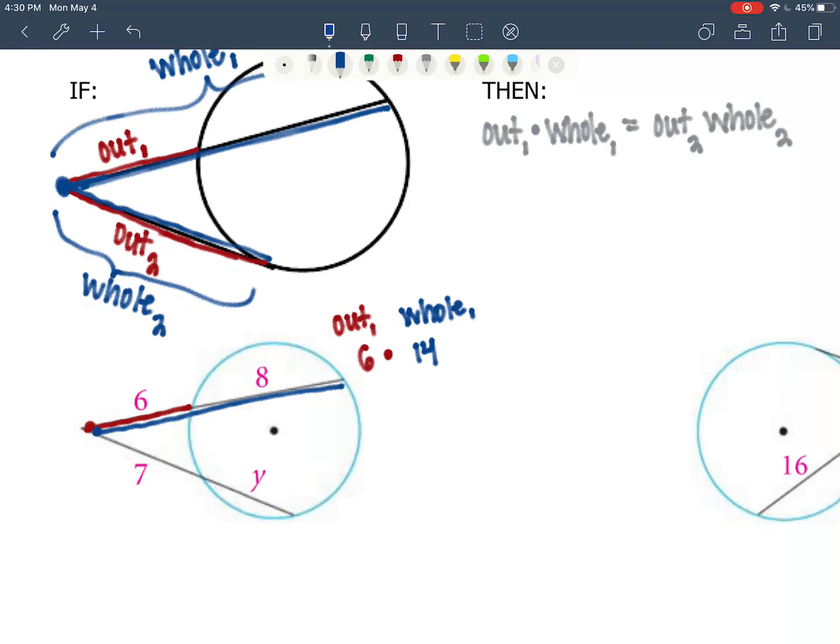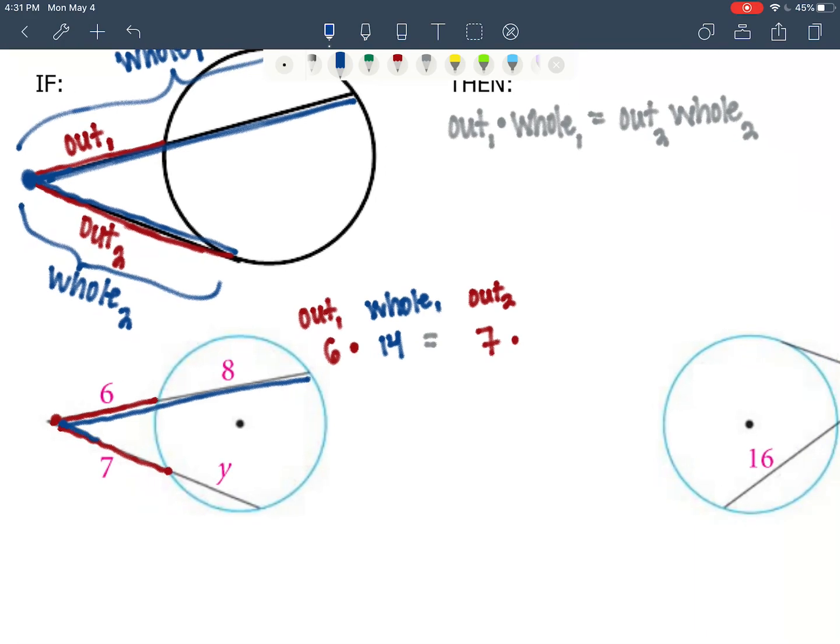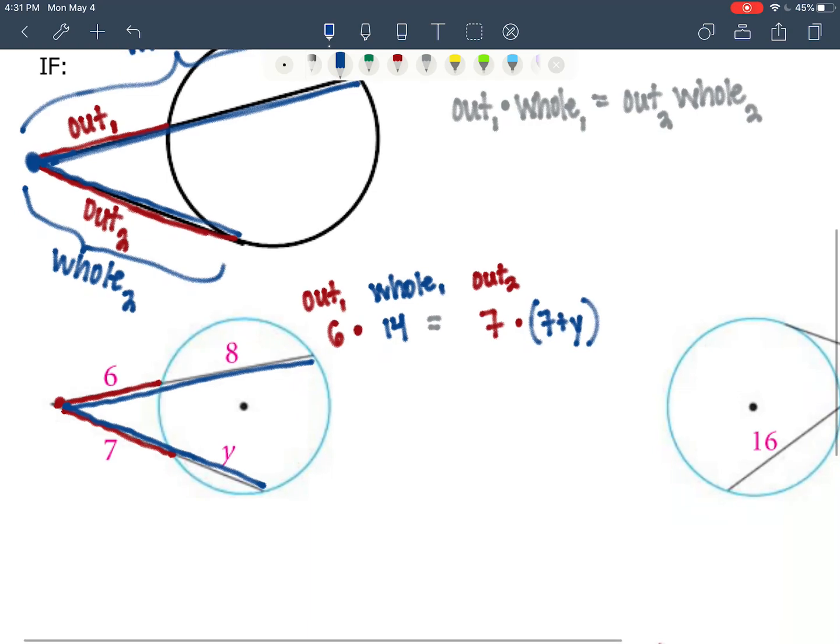So I have 6 times 14 is equal to, now we're going to do this again, the outside is 7. So the outside part of the second is 7, and the whole length of the second part is 7 plus y. I'm going to put that in parentheses, 7 plus y, since we can't add 7 and y.